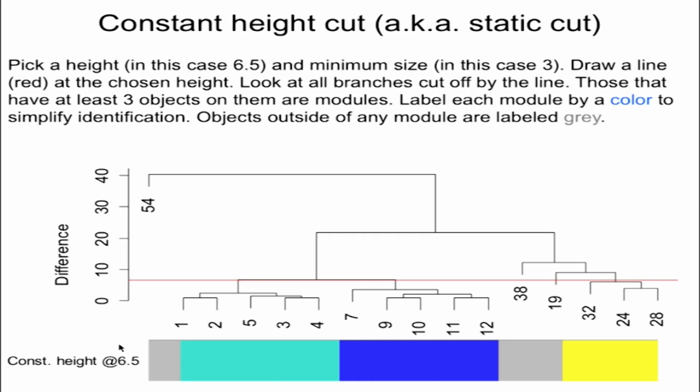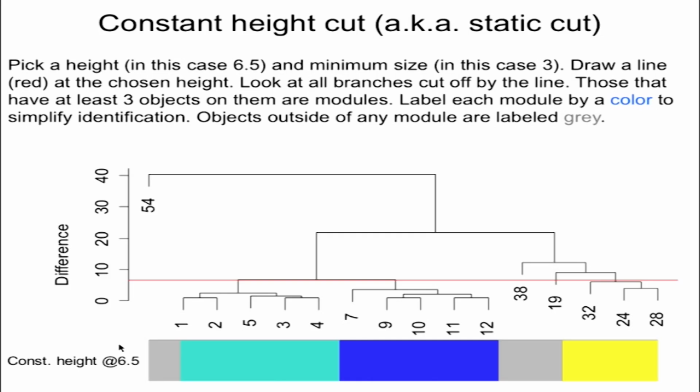So there's the turquoise, the blue, and the yellow cluster. The other thing is, you notice the color gray. That is reserved for objects that are not part of any cluster, right? Which is a major strength of hierarchical clustering, because you get objects that are not forced into a cluster.